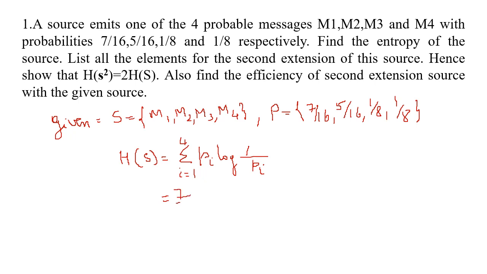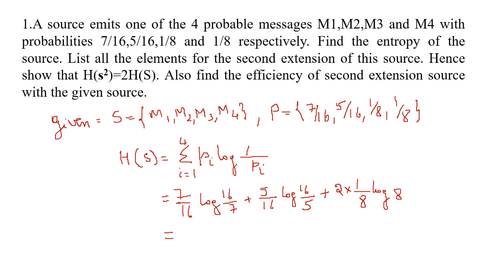So we can write it as 7/16 log 16/7 plus 5/16 log 16/5 plus, since we have two probabilities with 1/8, 2 times 1/8 into log 8.